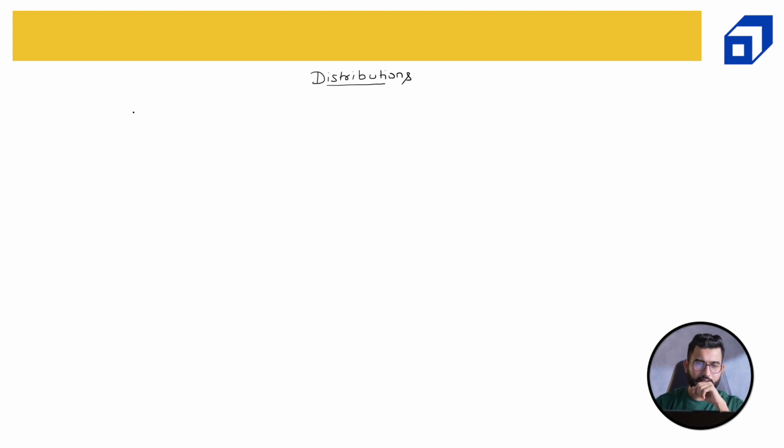So when we talk about discrete random variable, we know that the outcome can be discrete, it can be integer, right? So let's take one example.